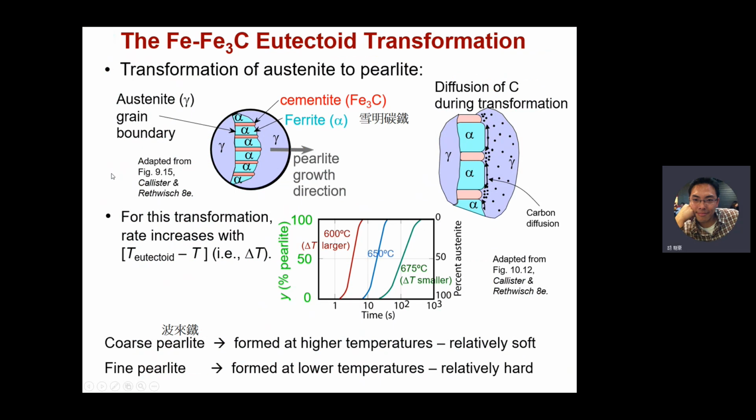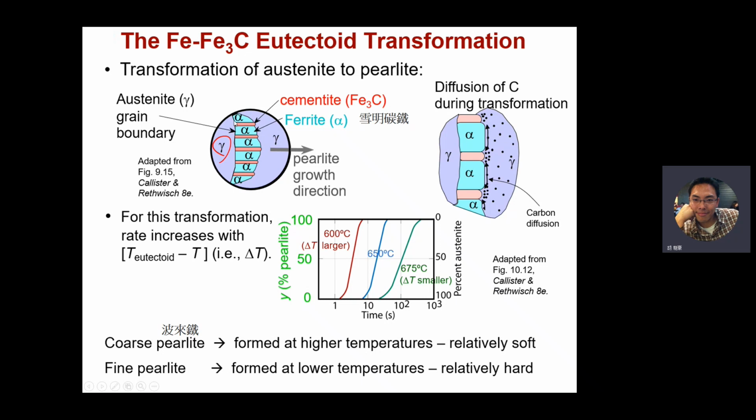So the iron and cementite eutectoid reaction. Initially we only have the austenite, right? When the temperature keeps cooling, the carbon starts to diffuse, and a layer structure forms, or the layer structure grows.